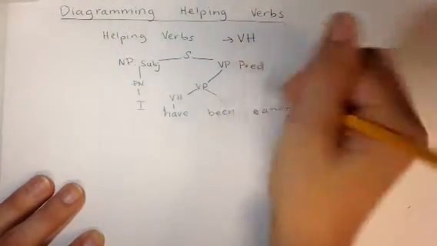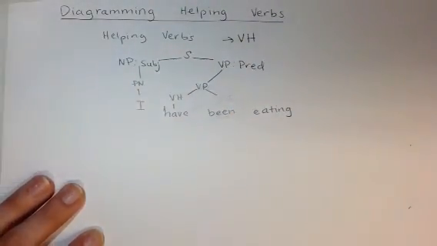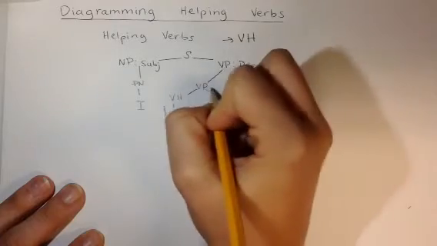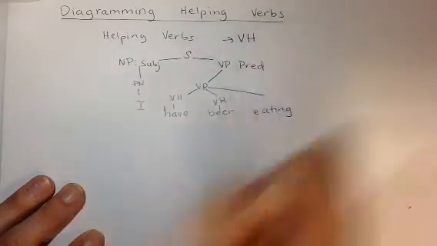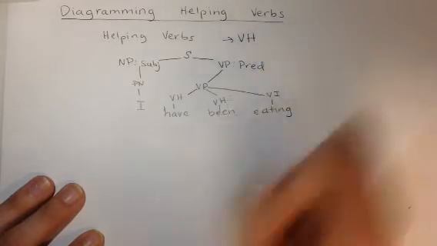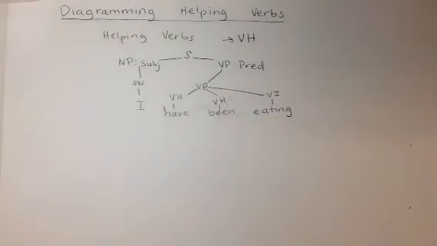Well, everything before that main verb is a helping verb. So right here, been is a helping verb. And then I need to list out eating is still a VI. And that's pretty much it. That's all you need to know about having a helping verb.